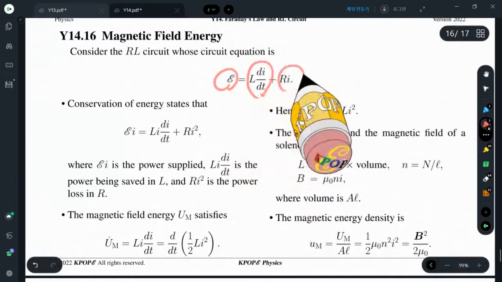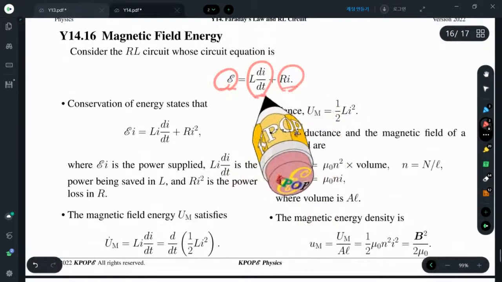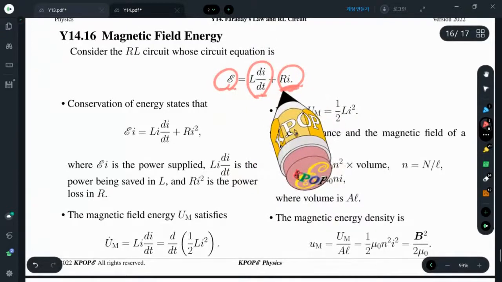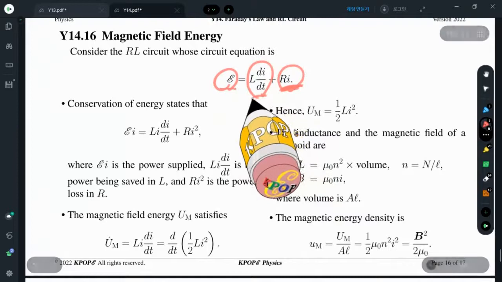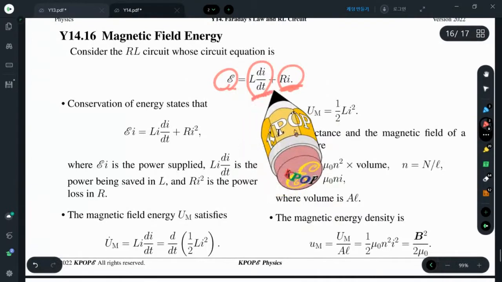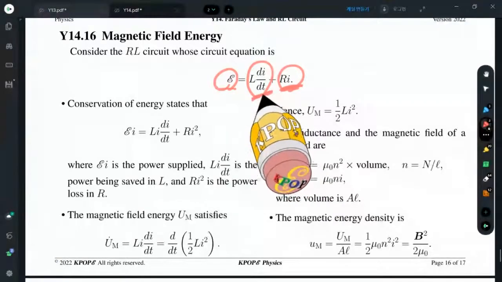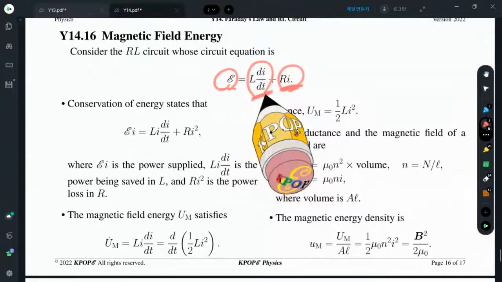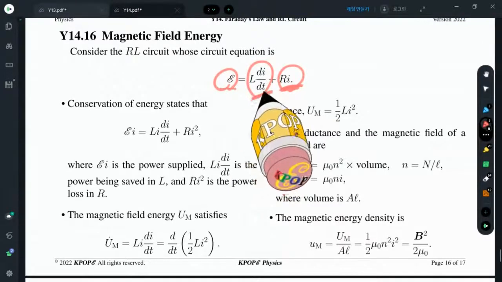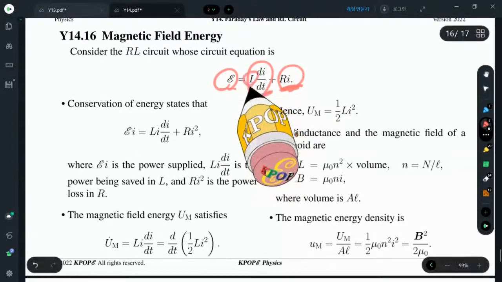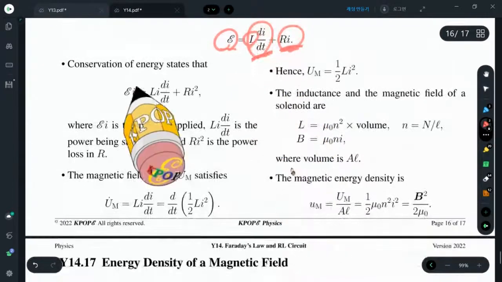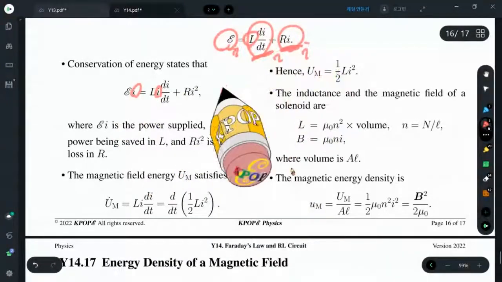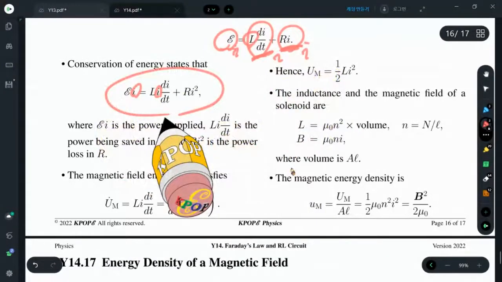In the RL circuit, the potential difference is the sum of the potential loss due to the resistor and the opposing electric field that opposes the change in the magnetic flux, so that the change in the current is slowed down due to the L. If you multiply by current I, it becomes an energy relation per unit time.